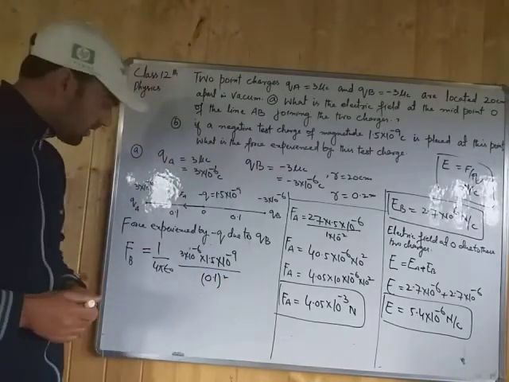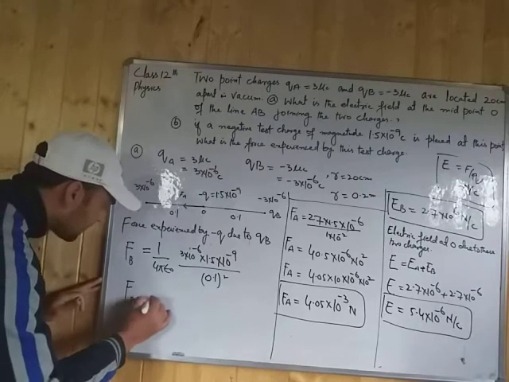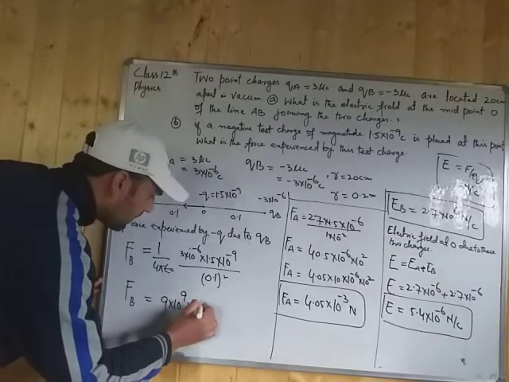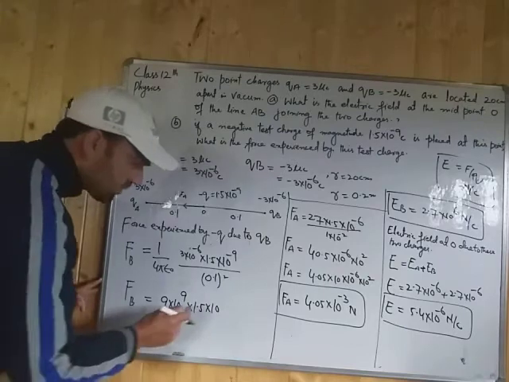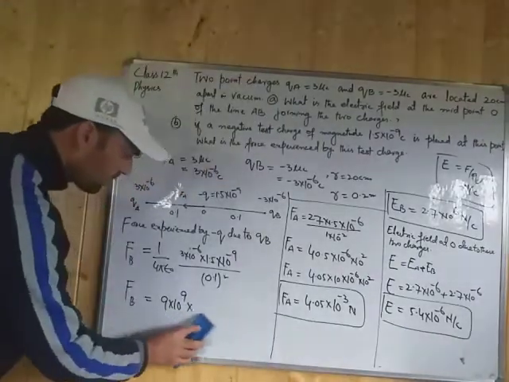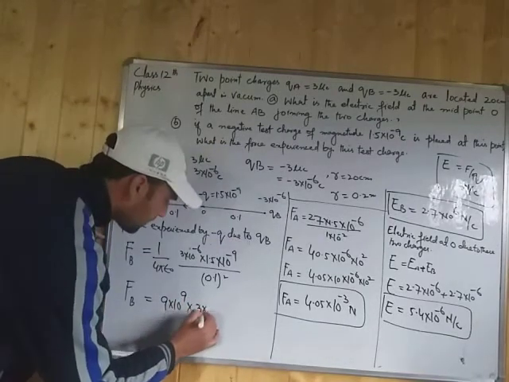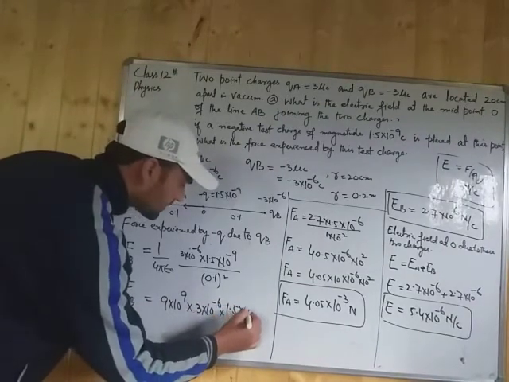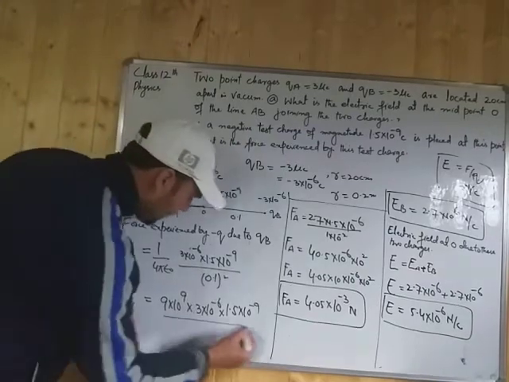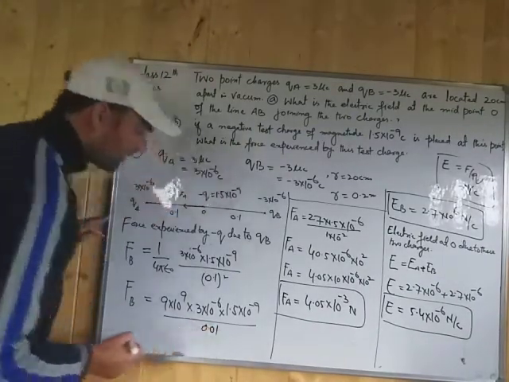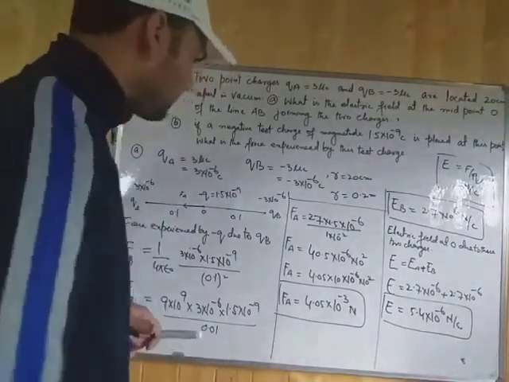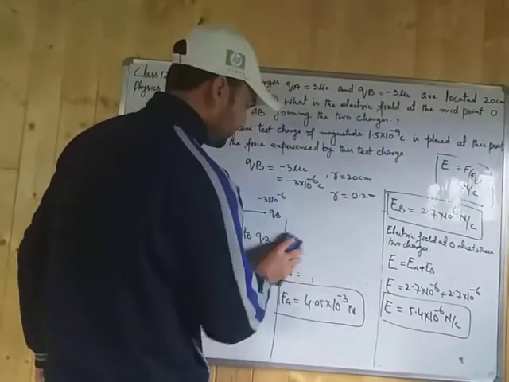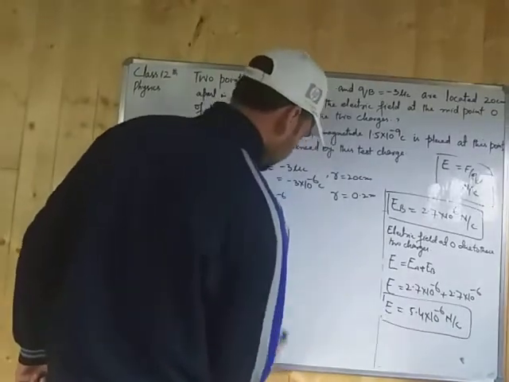Or we can write fb is equal to 9 into 10 raised to power 9 into 3 into 10 raised to power minus 6 into 1.5 into 10 raised to power minus 9 divided by 0.01.